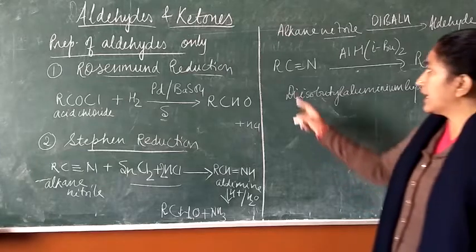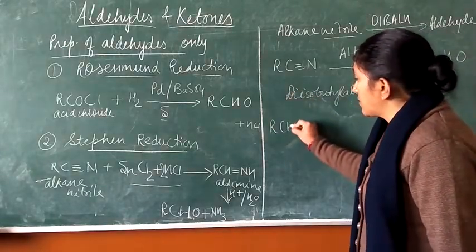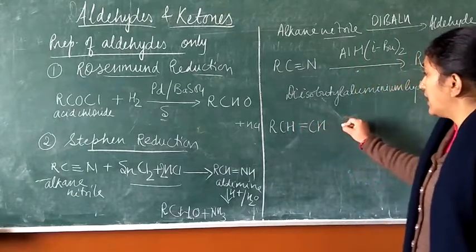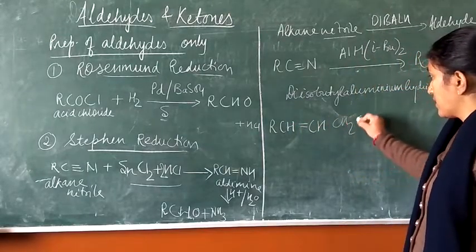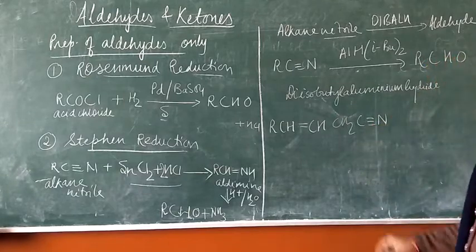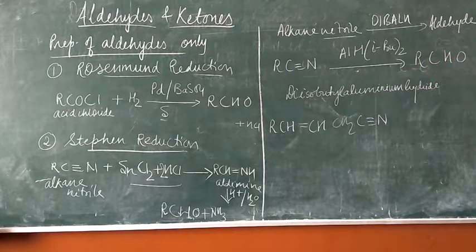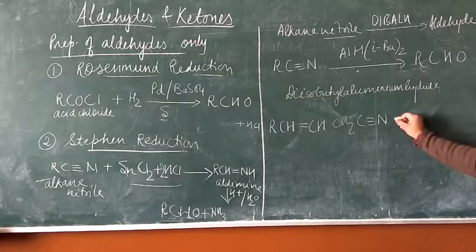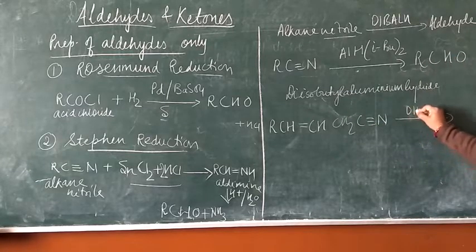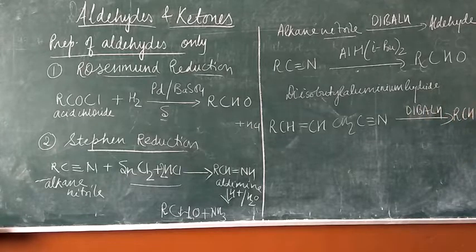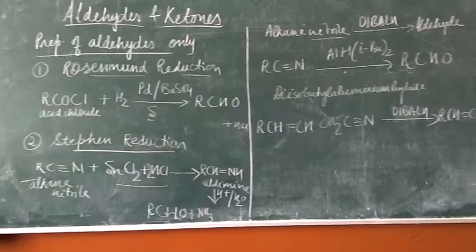So if the alkane nitrile has an unsaturation, this is an alkane nitrile that has got the unsaturation. Now if we use DIBAL-H here, we will get the aldehyde formed. The unsaturation will remain as it is, so it will not be disturbed.